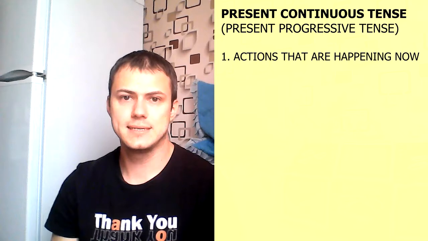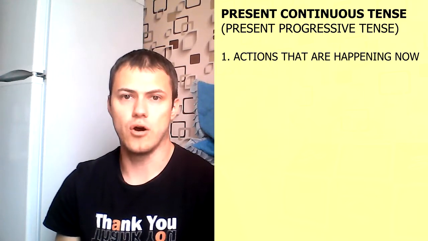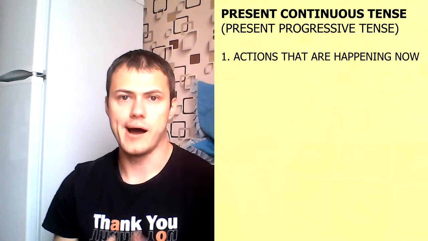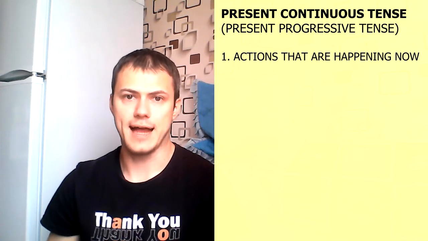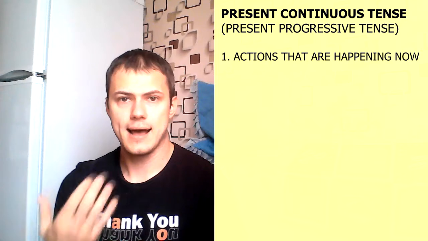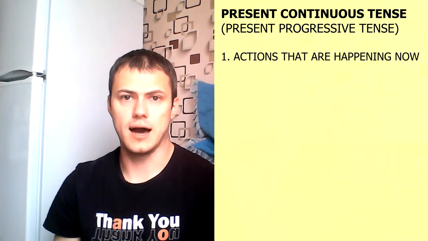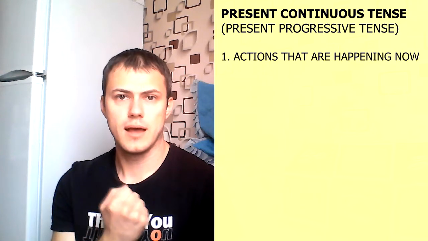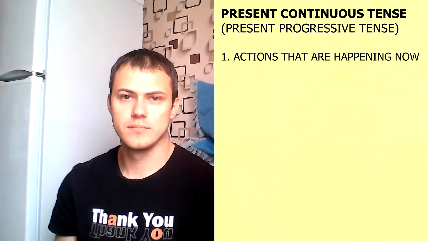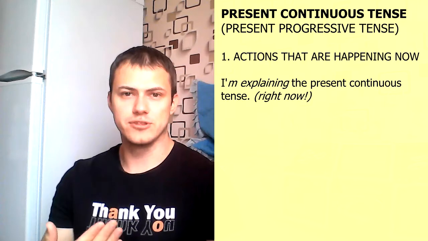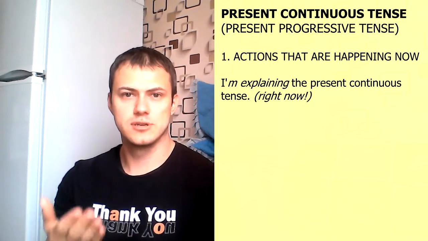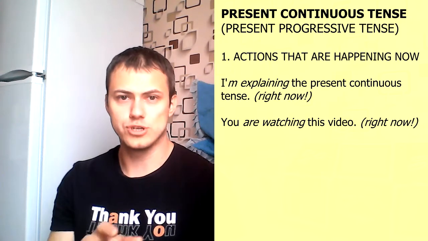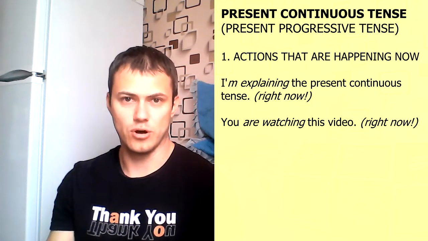So, the basic and most common use of the English present continuous tense is physical actions that are happening right now. So, let's take a look at the examples. I'm explaining the present continuous tense. You are watching this video.